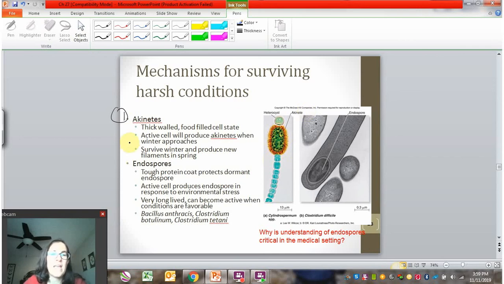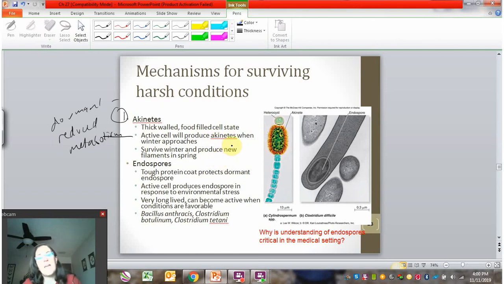This dormant state has reduced metabolism, but they still do some metabolism. So that's why they have to have the food. The food is helping them survive that small amount of metabolism. And then once favorable conditions return, so usually in the spring, then the akinete will return to its regular cellular state.